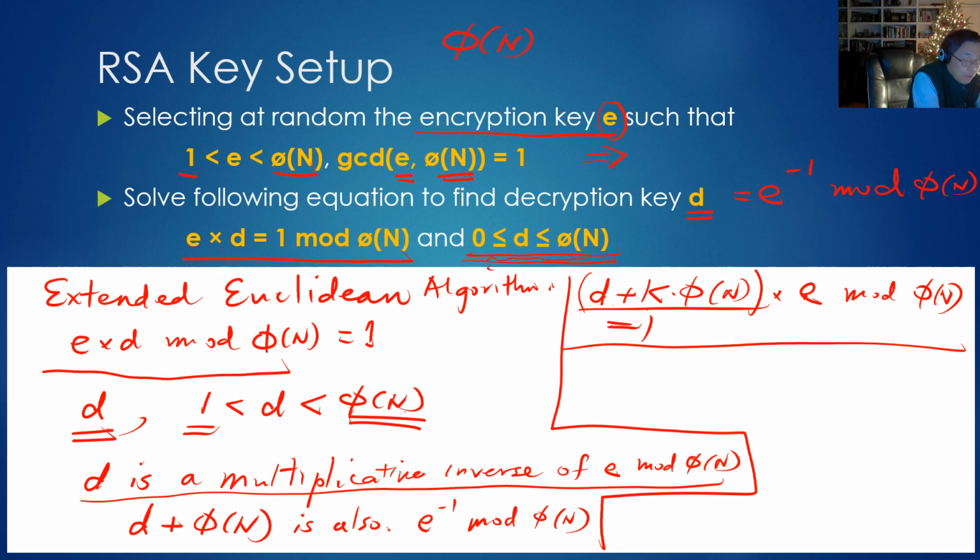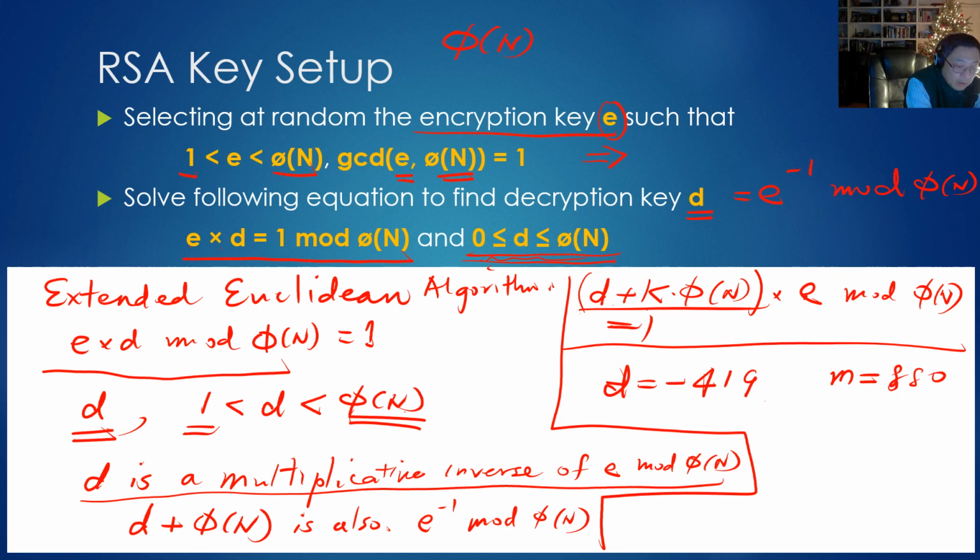For example, in the previous case, we found D, which is minus 419, and M is 880.